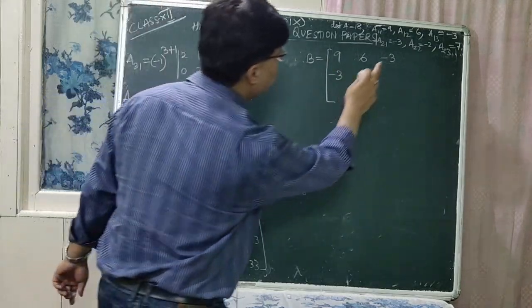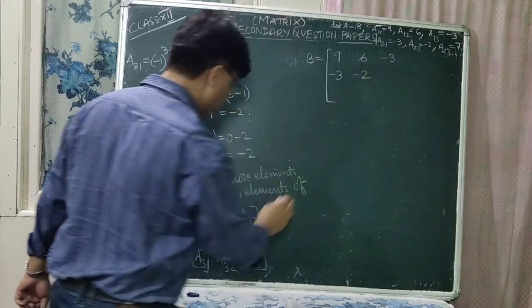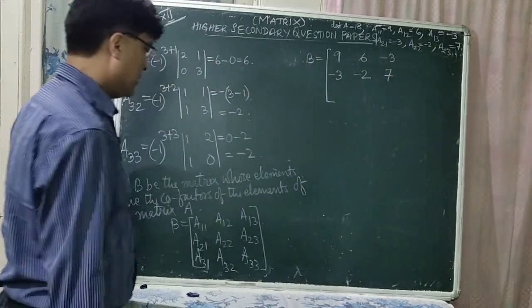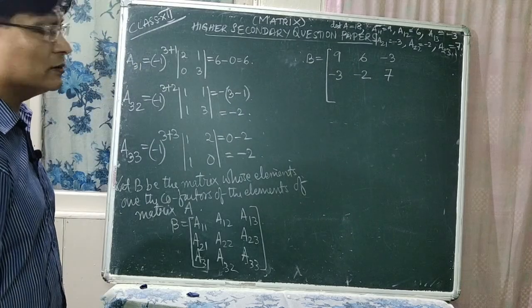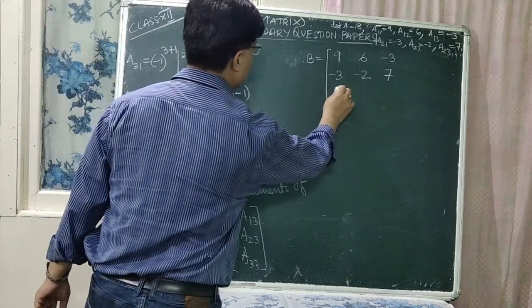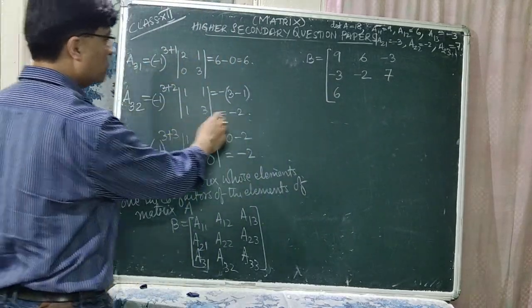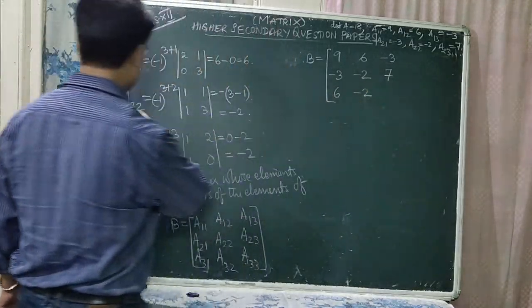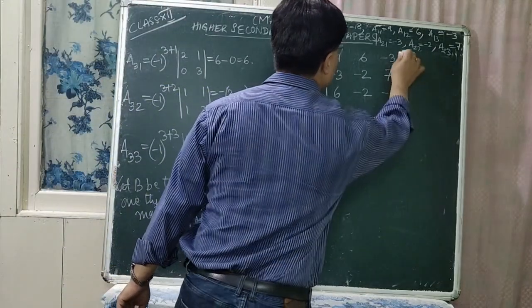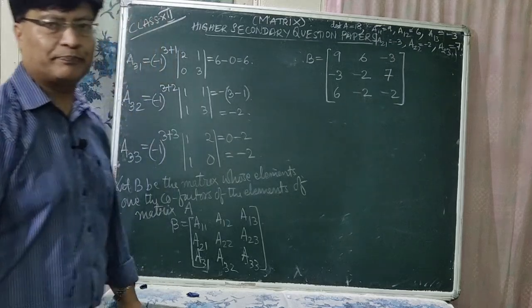A22 is minus 2. A23 is 7, right? So it's correct. Next, A31 is 6. A32 is minus 2. And A33 is also minus 2. We have got this matrix B.